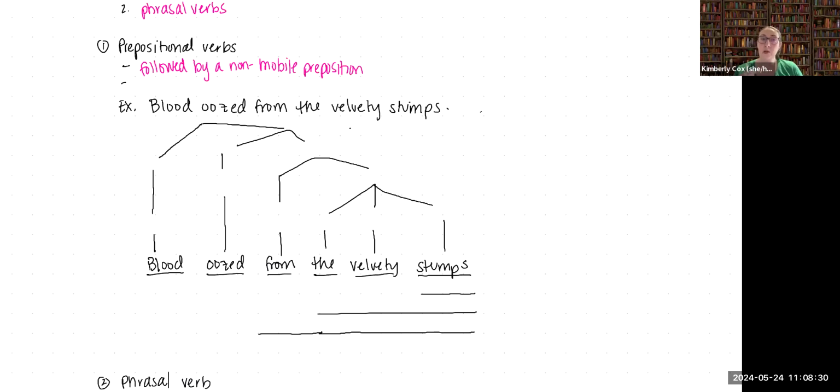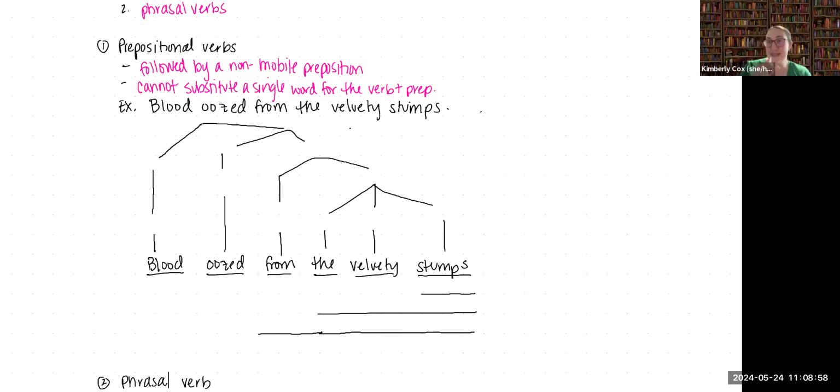The other thing with prepositional verbs is that you cannot substitute a single word for the verb plus preposition. Okay. And especially as we get to phrasal verbs, this will make a little bit more sense.